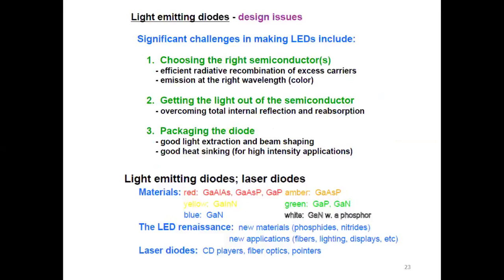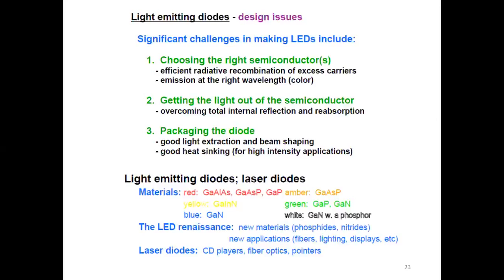A few of the design issues that needed to be solved in making LEDs were choosing the right semiconductor. You need efficient radiative recombination of excess carriers, emission at the right wavelength, the color that you're choosing, and getting the light out of the semiconductor.